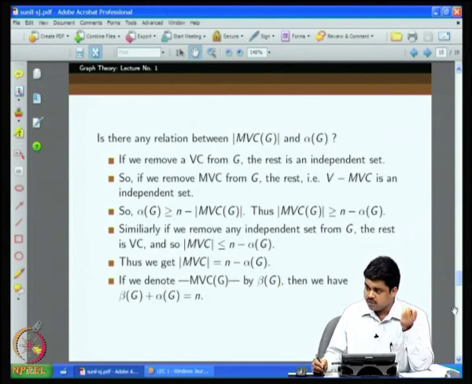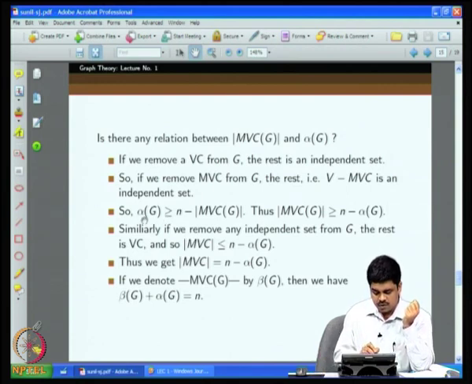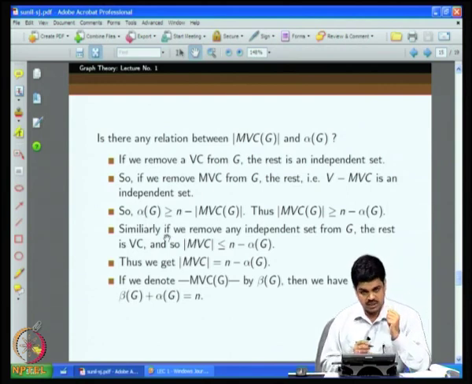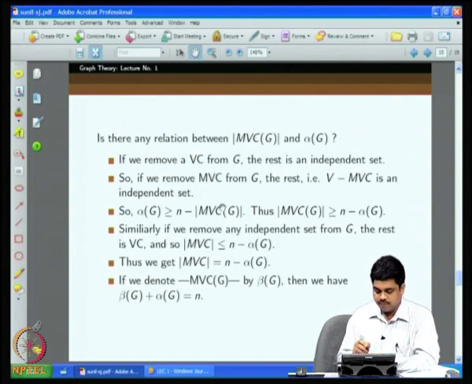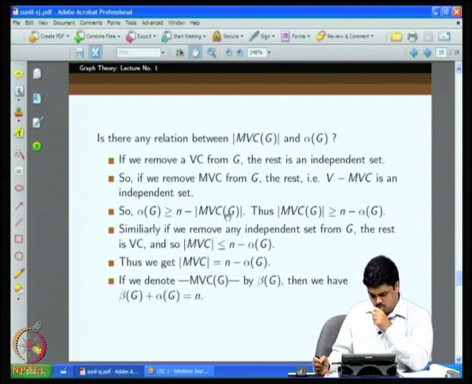Therefore, if you remove a minimum vertex cover, then what remains? The n minus the cardinality of the minimum vertex cover number of vertices form an independent set. So, that is what we have written here. Therefore, our maximum independent set cardinality has to be even greater than this. So, alpha is greater than or equal to n minus MVC of G.